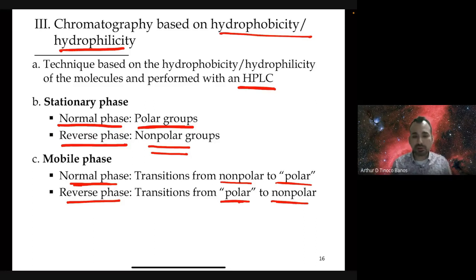That's why I have quotation marks here, because it can be a little bit misleading. Really, it's the difference in the polarity of whatever solvent mixture you're using that helps to separate.